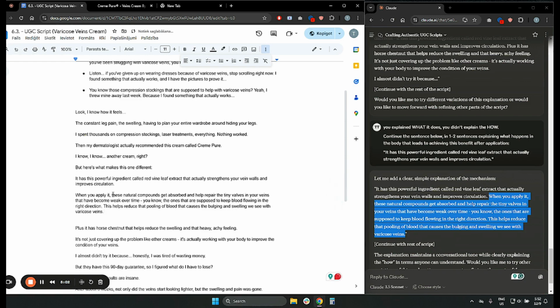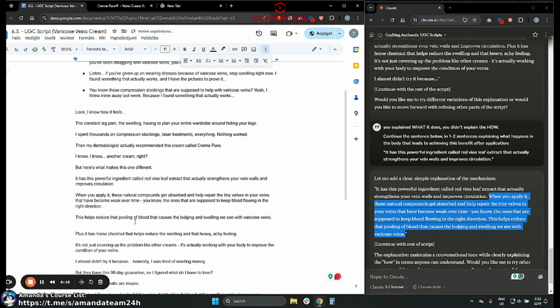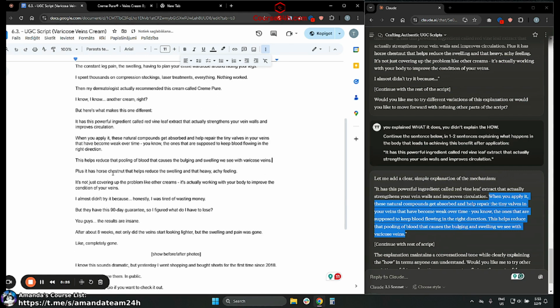"All right, so when you apply it, these natural compounds get absorbed and help repair the tiny valves in your veins that become weak over time. You know, the ones that are supposed to keep the blood flowing in the right direction. This helps prevent that pooling of blood that causes the bulging and swelling we see with varicose veins."